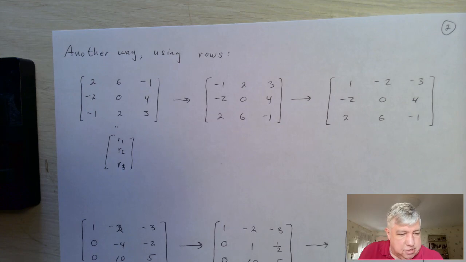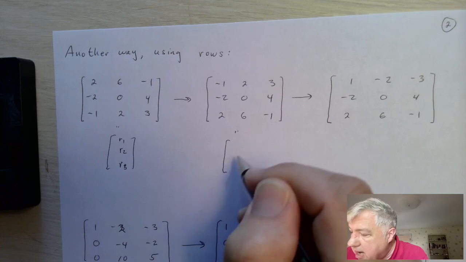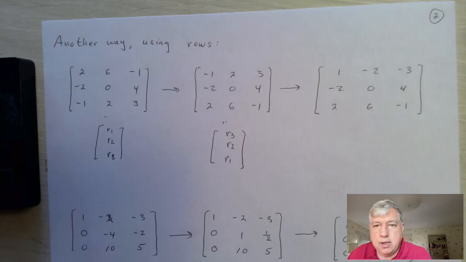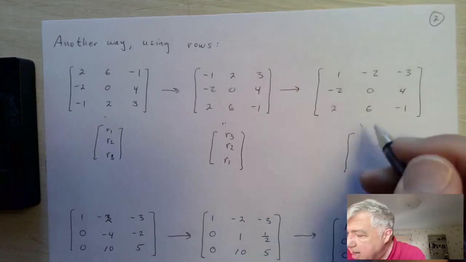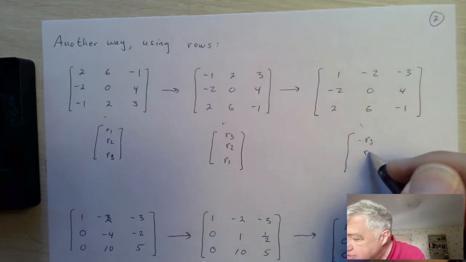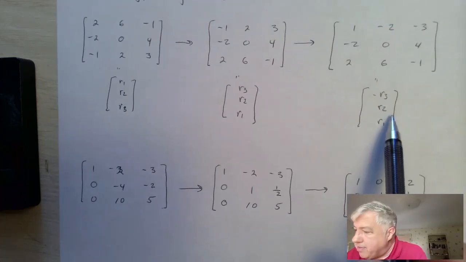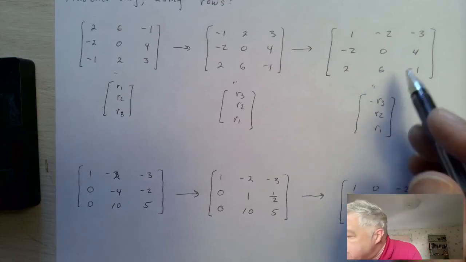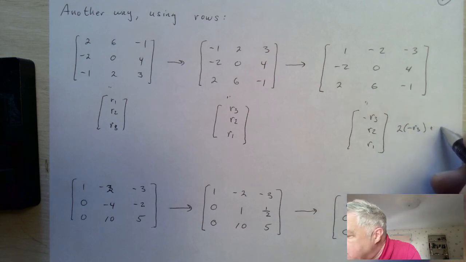Let's see, what were the operations? Well, first we interchanged the top and bottom rows. So this was R3, R2, R1. And then we multiplied the top row by -1. So this became -R3, R2, and R1. Now, what did we do next? Well, we multiplied the top row by 2, so we got 2 times -R3, and added it to the middle row, which is R2.